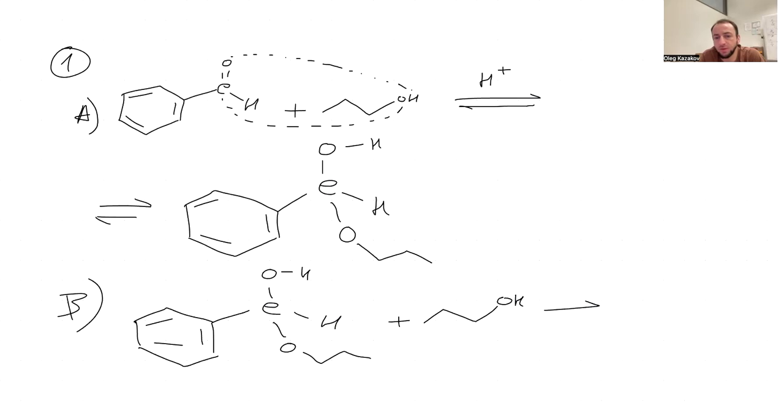So I'm going to use acidic conditions. H plus stands for the acid, so it's going to be an acid source of some sort. H plus is a general sign that you are going to conduct this reaction in an acidic environment of some sort. The procedure, for a particular synthesis, will specify what kind of acid you are going to use.